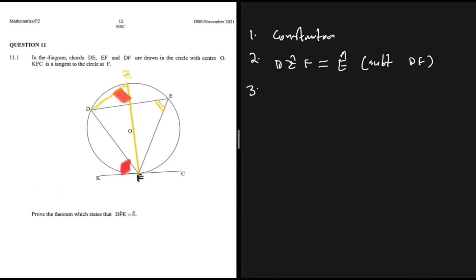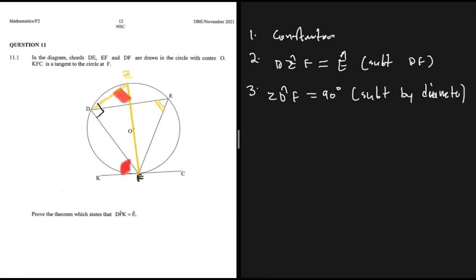So we can see that angle ZDF, this angle here, is equals to 90. That is because it's subtended by a diameter, right? So we're gonna say angle ZDF equals to 90 degrees because it has been subtended by a diameter. A diameter always subtend an angle of 90 degrees, right?